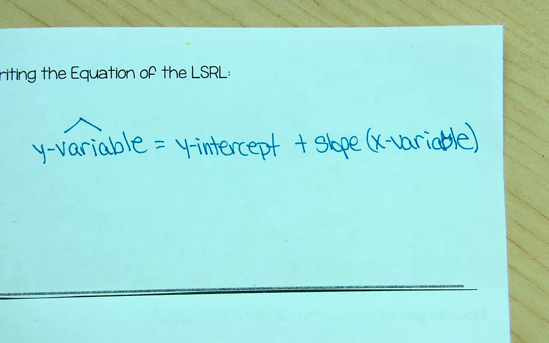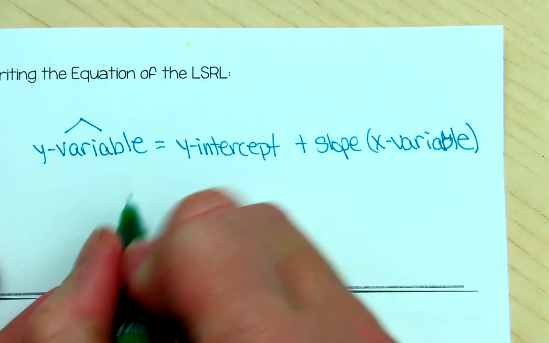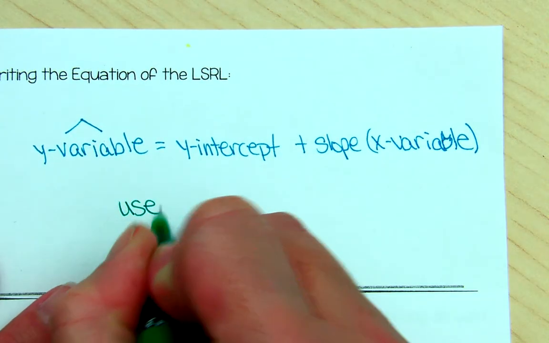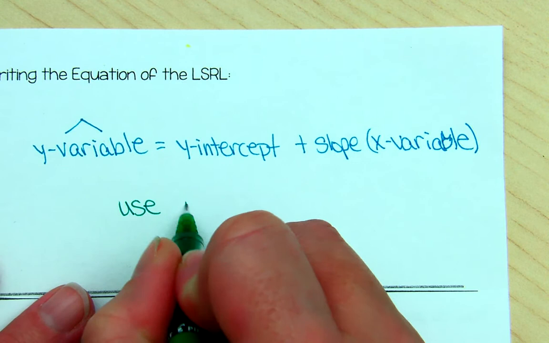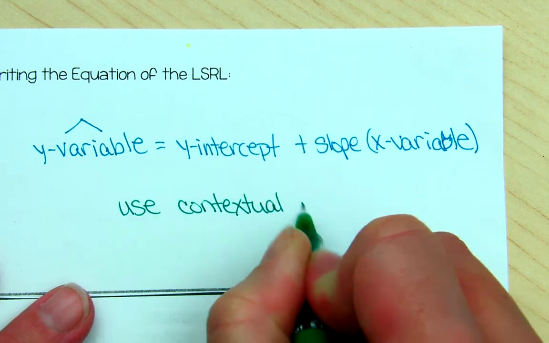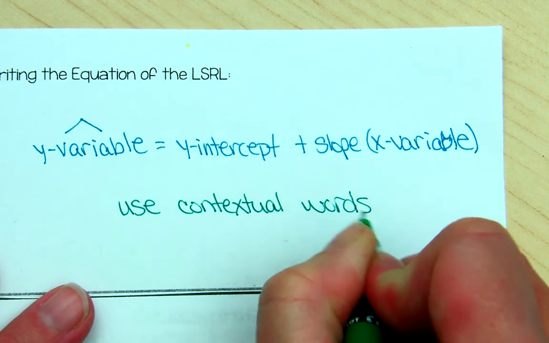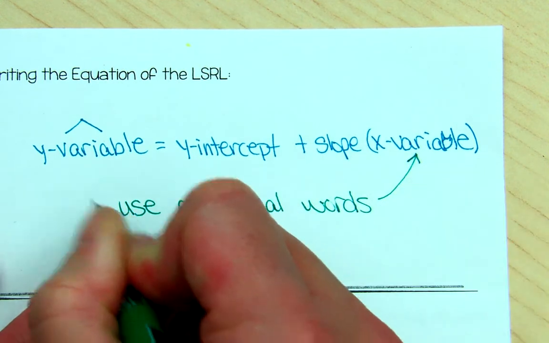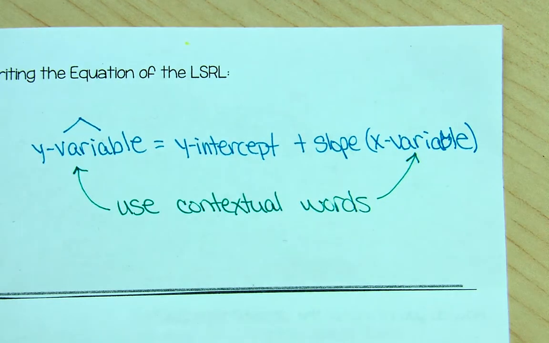When you are writing this, we want to use context words or contextual words for the x variable and the y variable. You will never write x and y. You will write what that variable is.